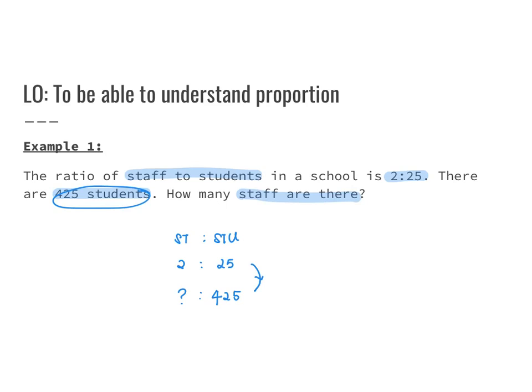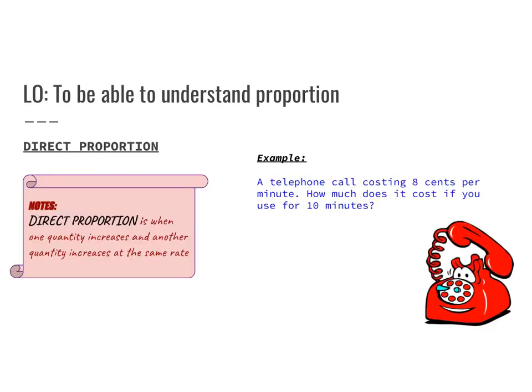That would be 17. So similarly, we need to take 2 times 17 to find out how many staffs are there. And that would be 34. Therefore, there are 34 staffs.